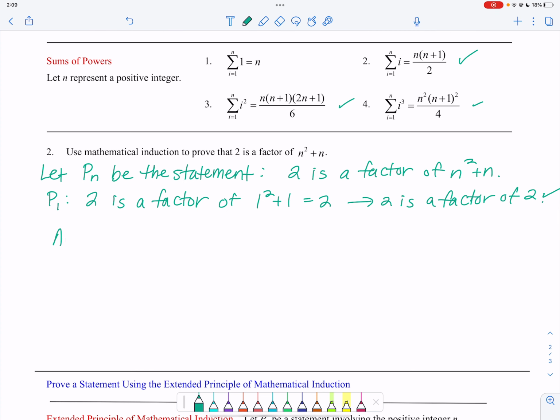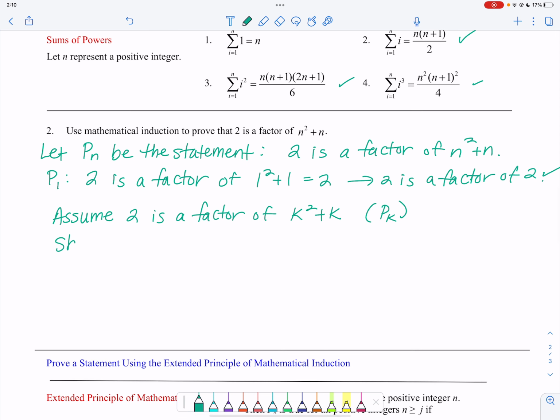So now we will assume that 2 is a factor of k squared plus k. Of course, this is our P sub k. And now we're going to have to show that 2 is a factor of k plus 1 squared plus k plus 1.